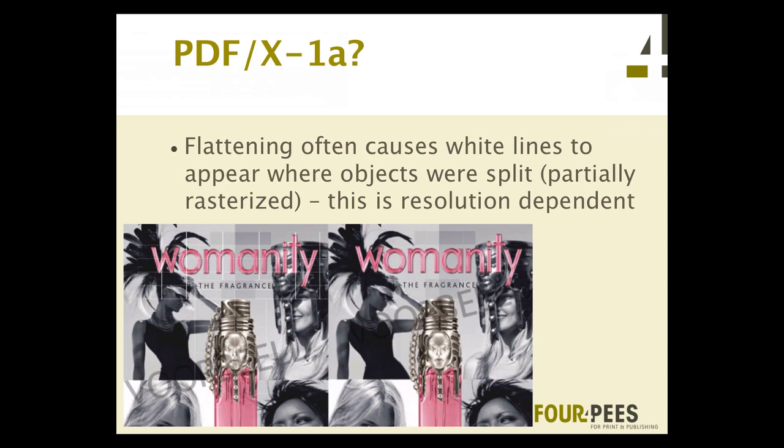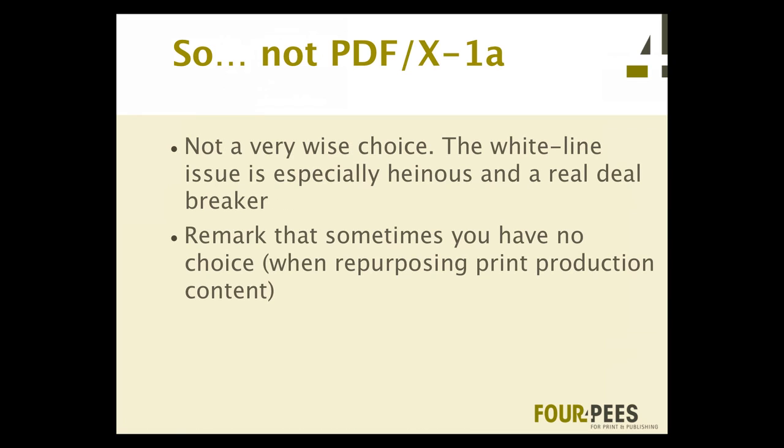And at that resolution, they don't completely touch, so there is a white line in between. You don't see it in the original, you do see it in the PDF X1A file on the device. And that last problem is a deal killer.